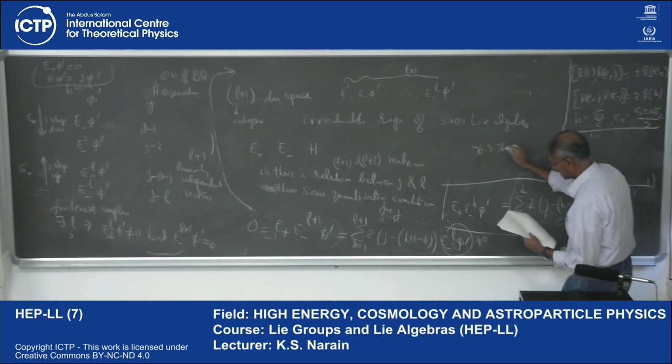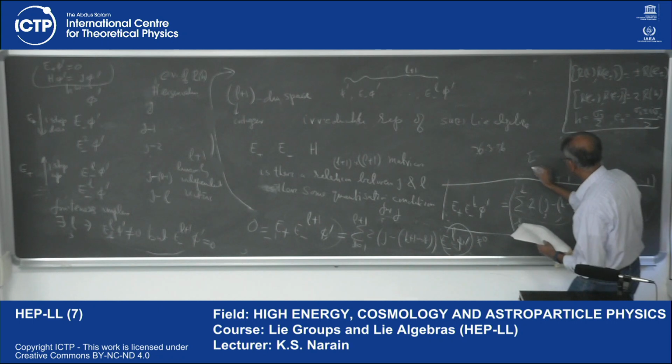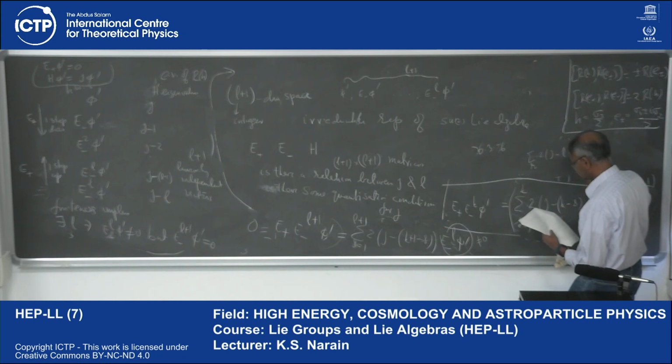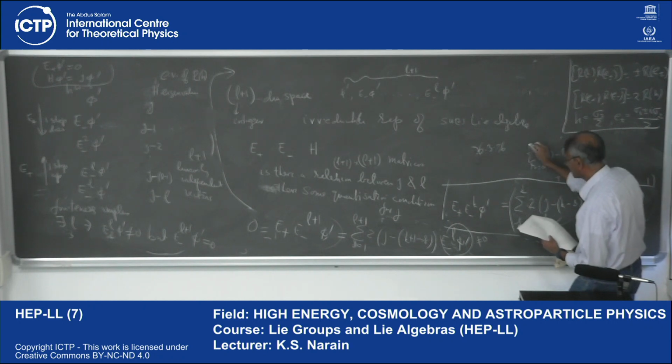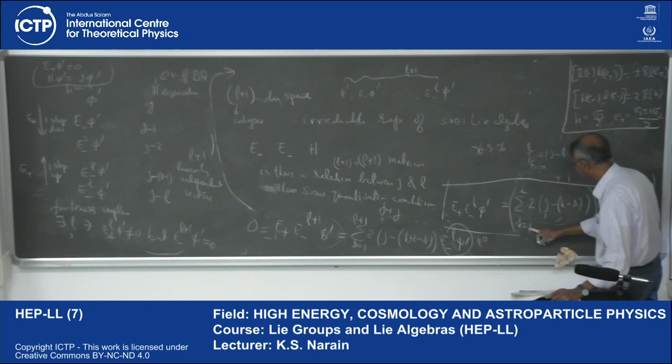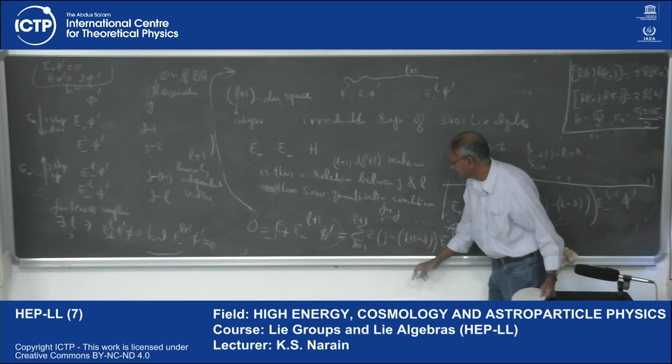36. Okay, what one gets is the sum over R of 2 times J minus L plus R, and then the range goes from R equal to 0 to L. Here the range is going from S equal to 1 to L plus 1.